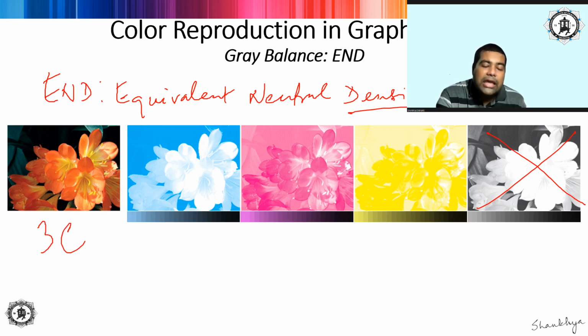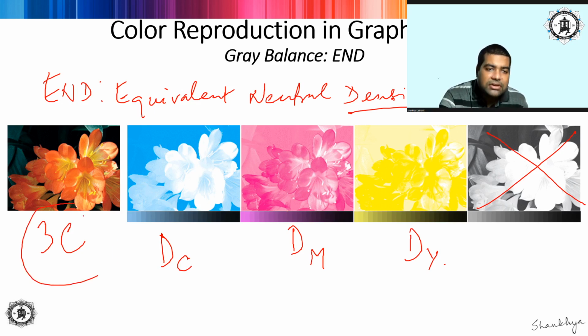So equivalent neutral density is the density of the cyan ink, density of the magenta ink and density of the yellow inks respectively that are used for printing this three color separation or this three color reproduction, such that the grays in this reproduction remains neutral in nature. That means there is no hue shift in any particular direction.